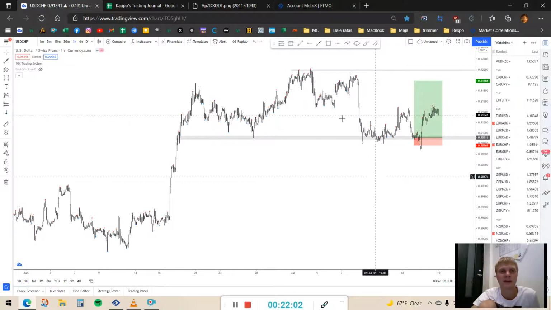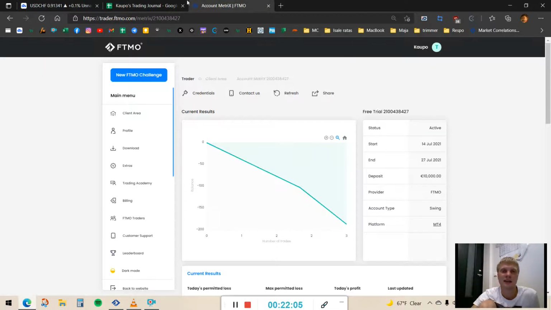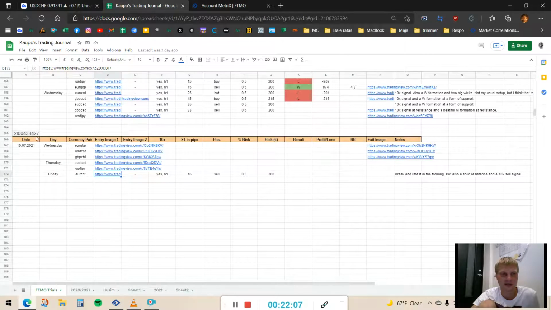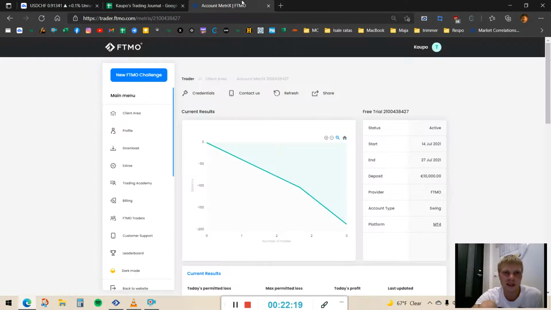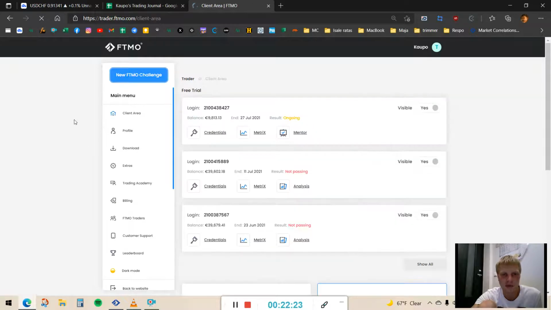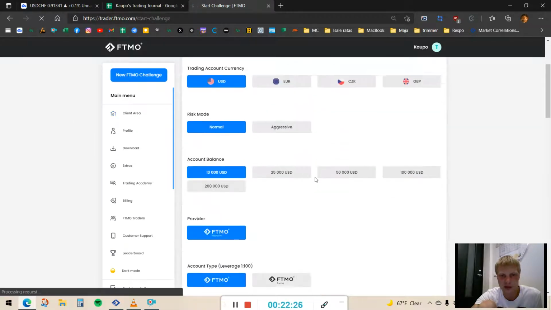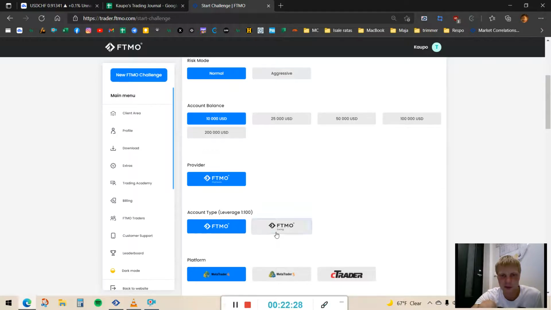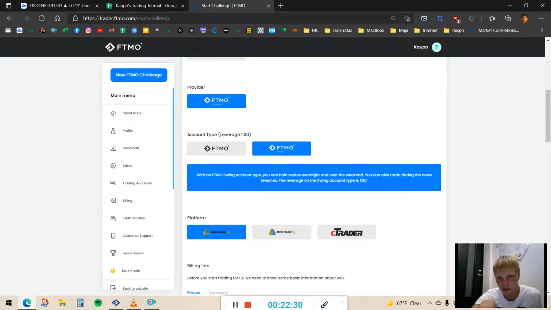Hope I learned something. And I'll keep you posted how my free trial is going. If this free trial ends, I'm planning to take a real challenge. I'm happy to see that FTMO have provided us with a swing account, so you can hold your trades overnight, over the weekend, and you can trade during the news.